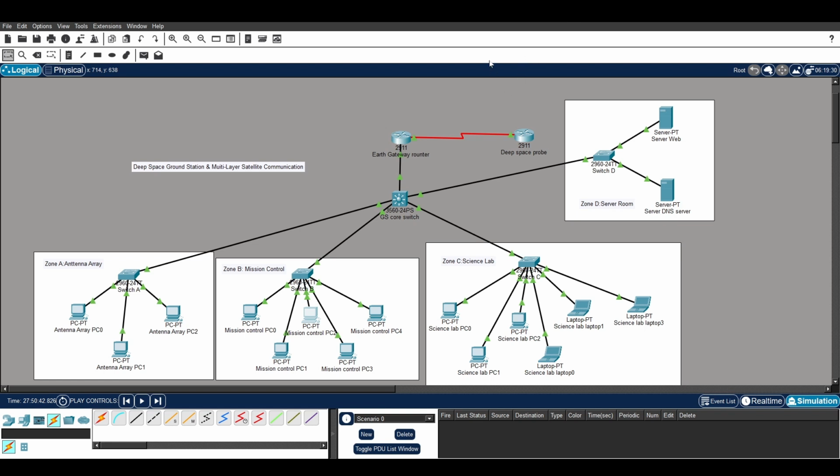Okay, so I put www dot now stations. It should come out. Yes.